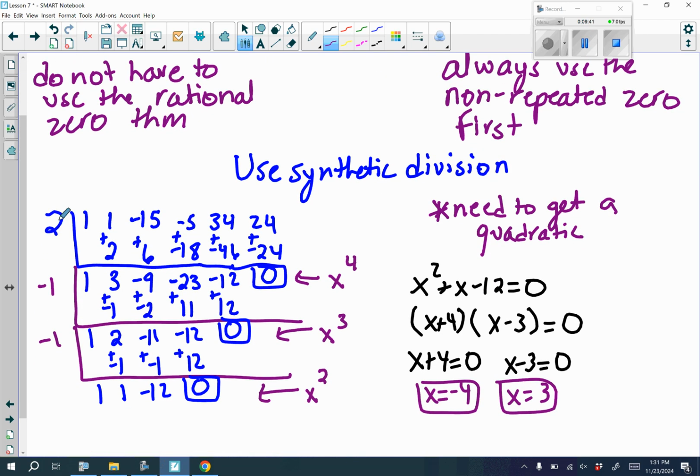So notice 2, we only did that once, so I have x equals 2. But with the -1, we did that twice, so I have to write this twice to make sure I have 5 solutions. So x equals -1, and x equals -1. Okay, if we count 1, 2, 3, 4, 5, we do get exactly 5 solutions.